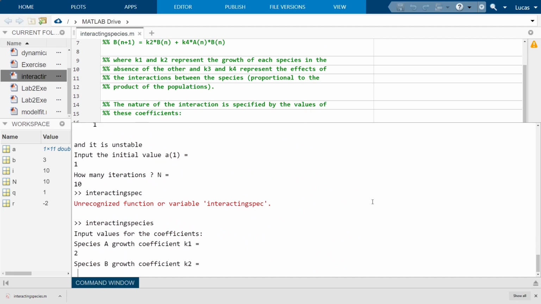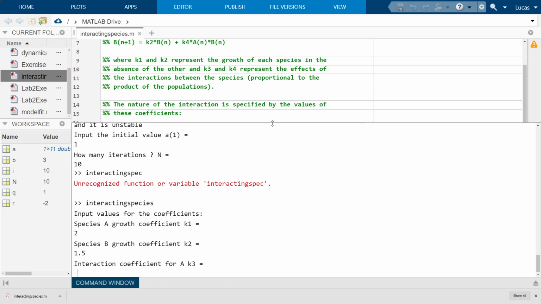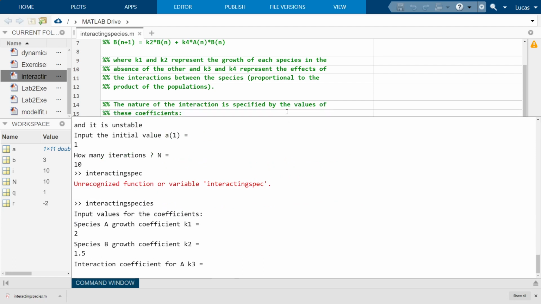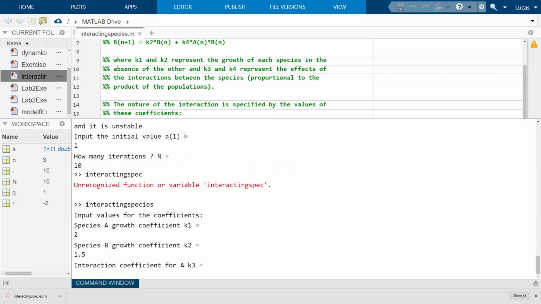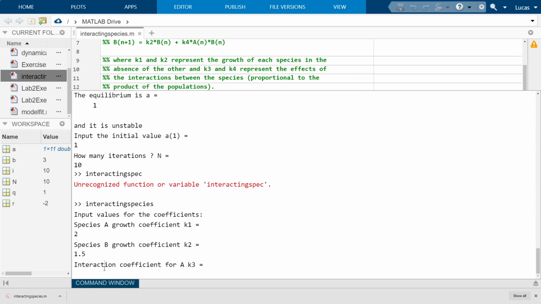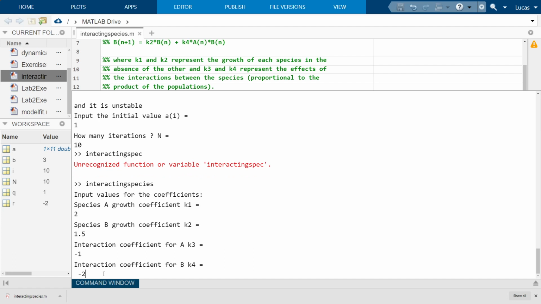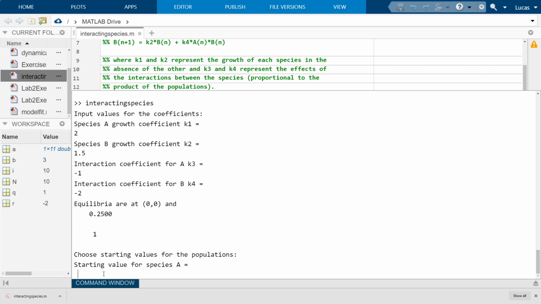So let's say 2 and 1.5. And then the interaction coefficients K3 and K4 should be, I believe, less than 0. Yeah. So let's say -1, -2, and we have equilibria at 0, 0 and 0.251.